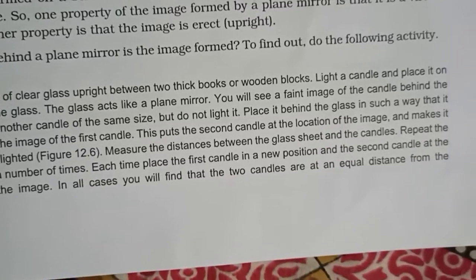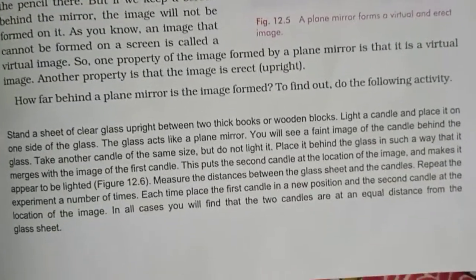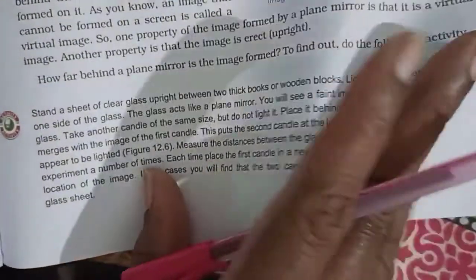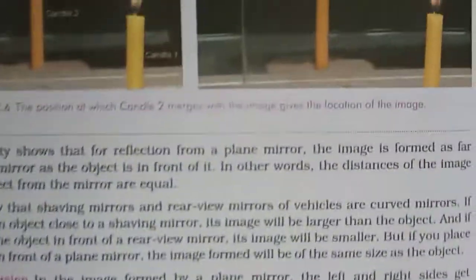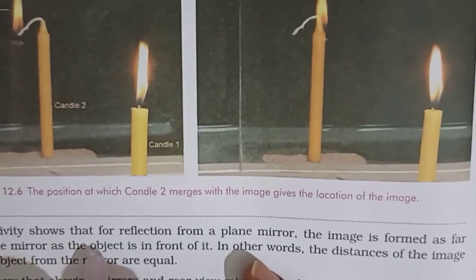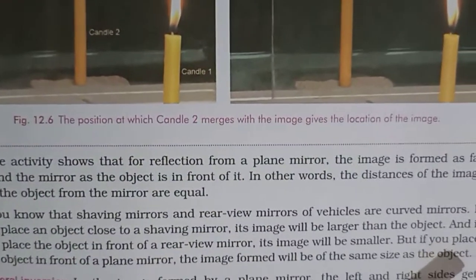So we come to the conclusion that the image formed is as far behind the mirror as the object is in front of it. See, in this figure 12.6, it has been shown to us what we had been told here.